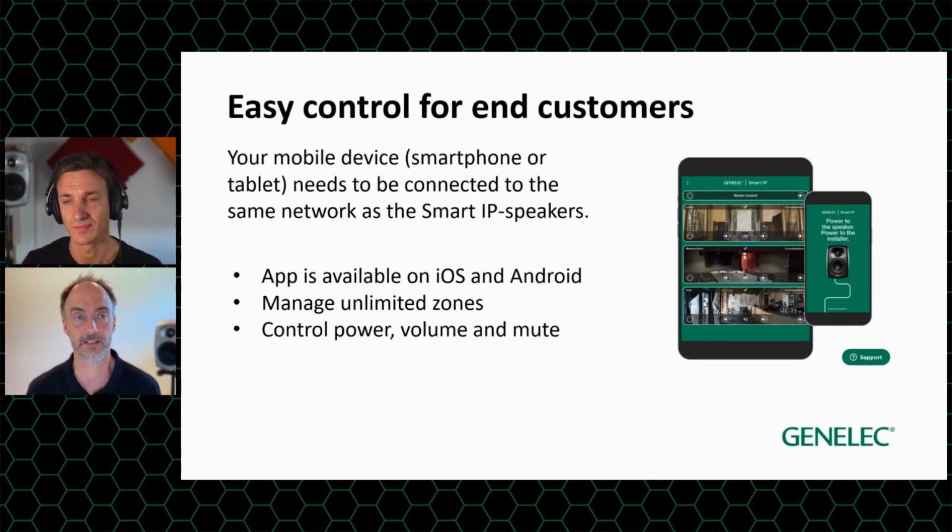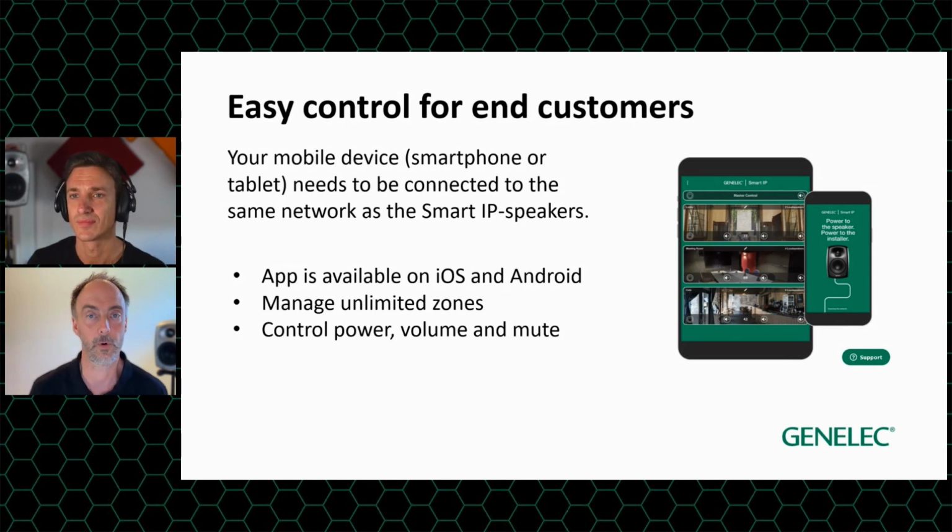Worth mentioning is that you, as the installer, control what zones are accessible to each user. So for example, if you have a hotel with a lobby, a bar, a restaurant and corridors, you can have one user controlling only the restaurant. You can have another user controlling the lobby and the restaurant.